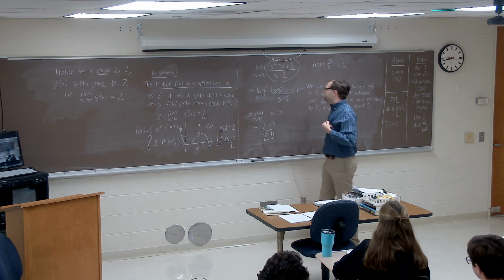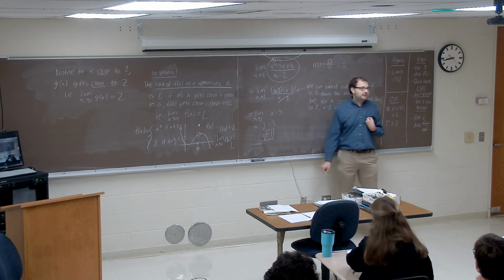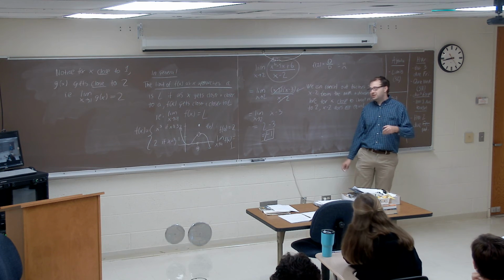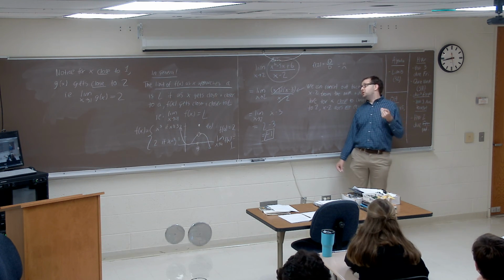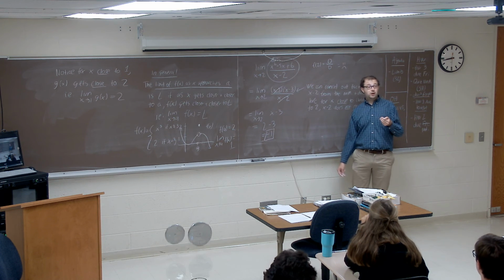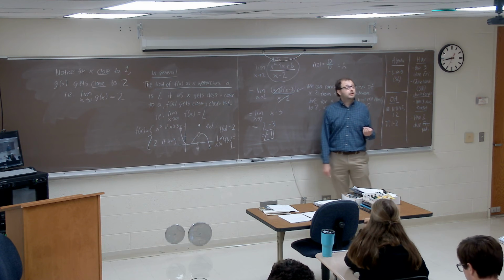Meaning if you were to plug in something like x equals 1.99, I'm going to guess that you would get an output that's something like negative 1.001. Inputs close to 2 give you outputs close to negative 1, even though 2 itself does not work as an input.